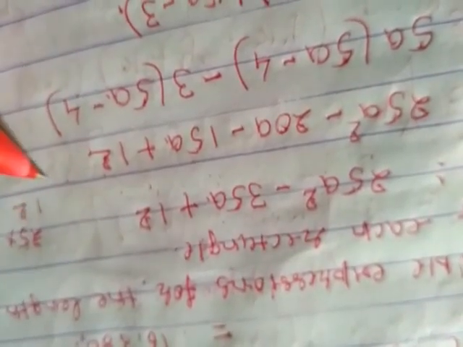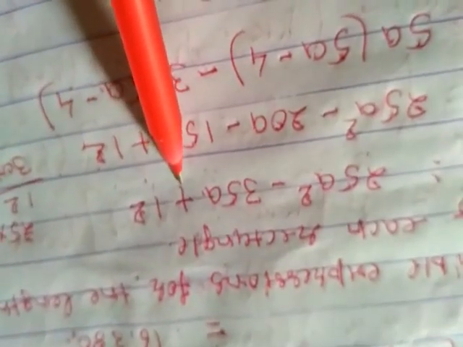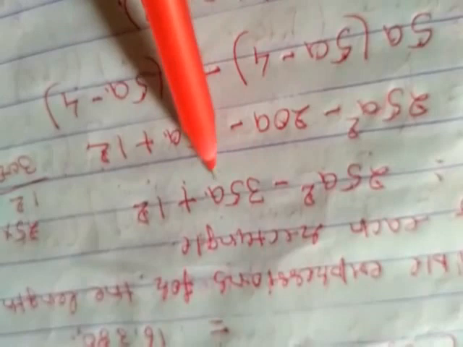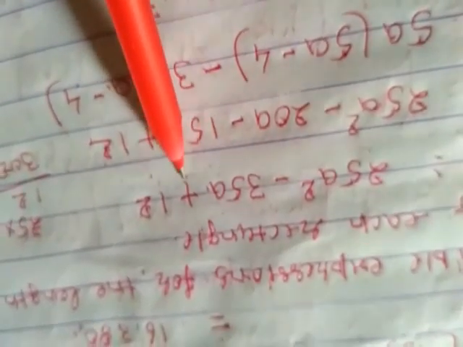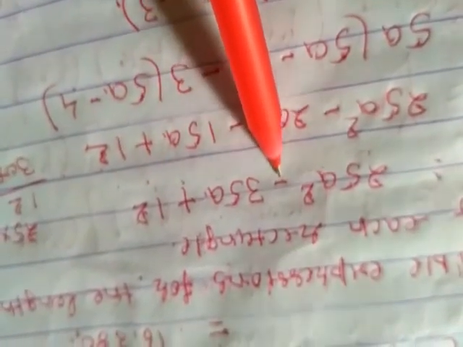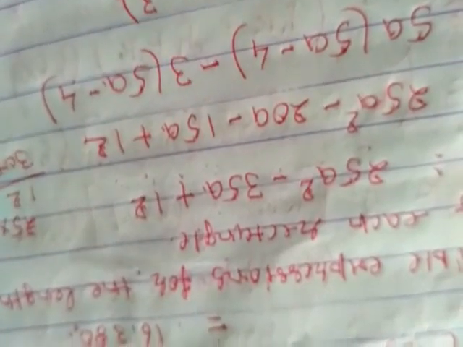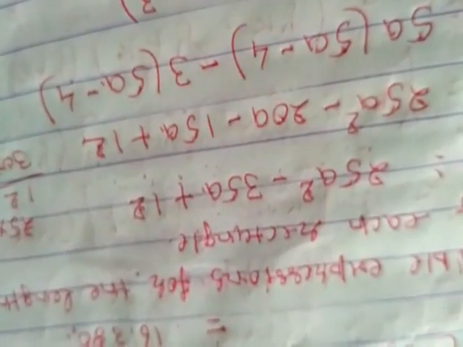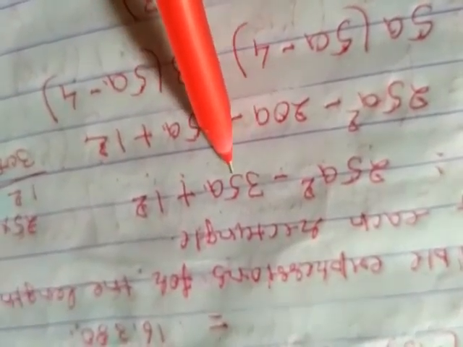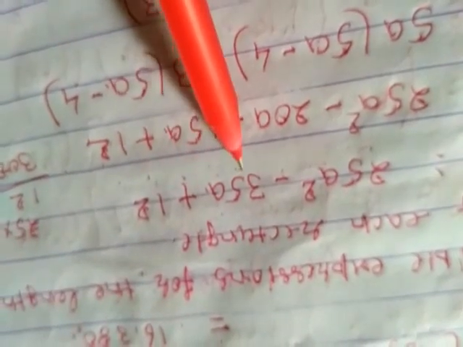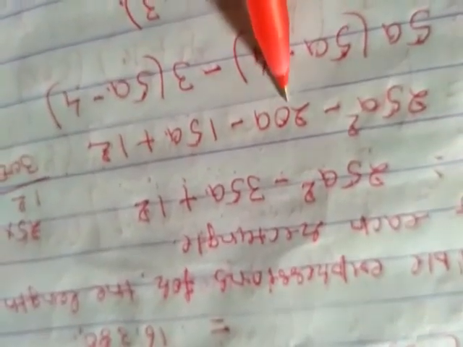There is a plus sign, which means the two numbers will have the same sign, and there is a negative sign, which means the two numbers must be negative. Now you have to think of two numbers which when added give 35 and when multiplied give 300. Then you get the two numbers 20 and 15.